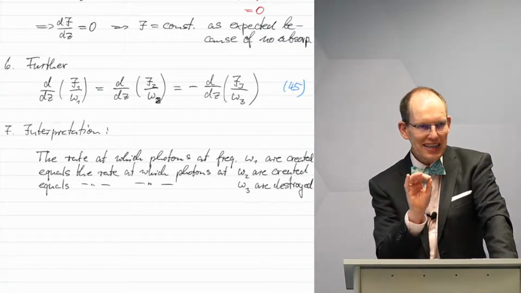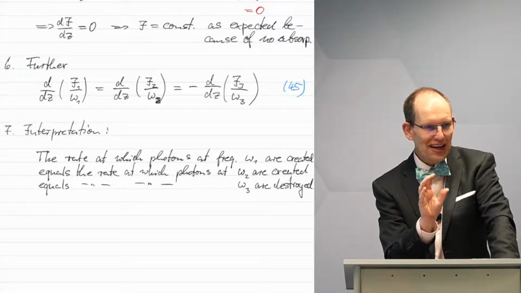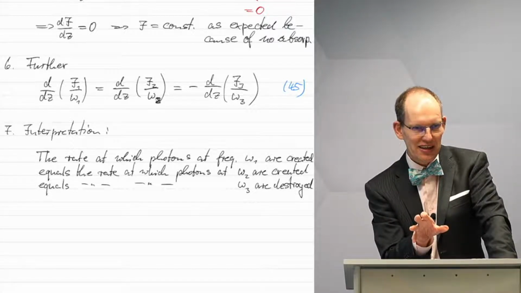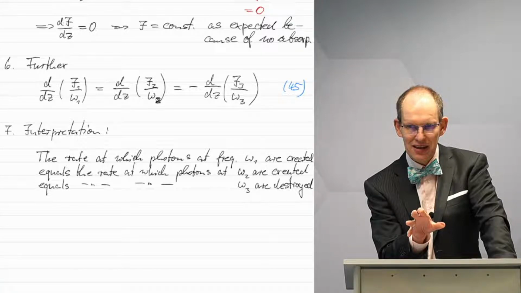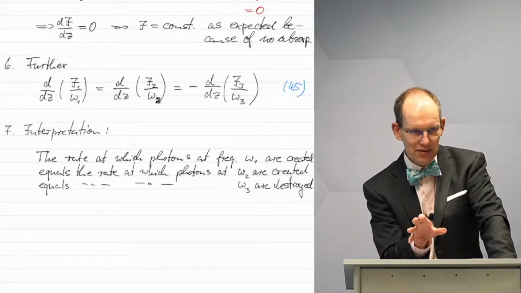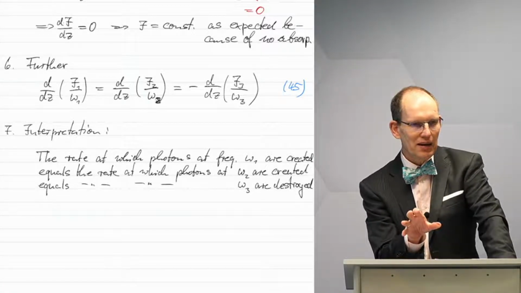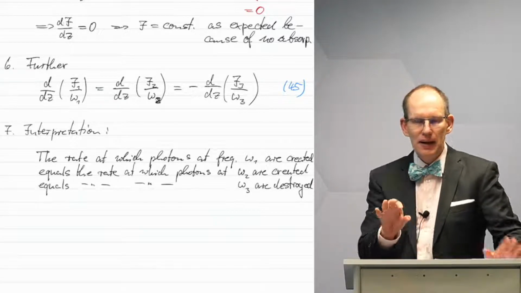What we'll do next time is to look at less trivial approximations as we did today. So, for example, we would say, well, one of the fields is strong as compared to the other fields, and the second field is weak.